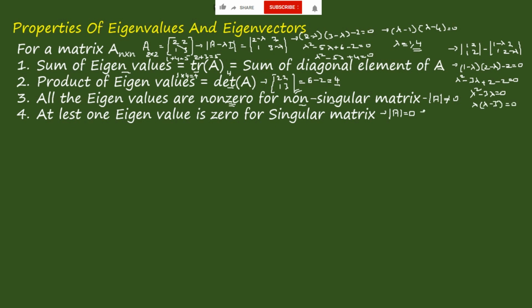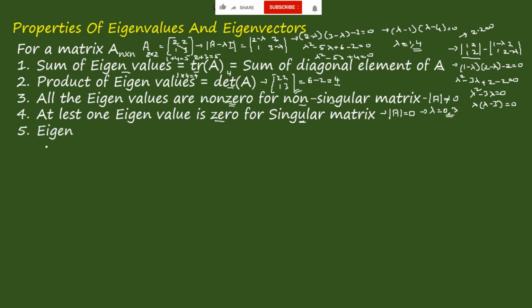In this particular case, we got the eigenvalues as 0 and 3. In the case of a singular matrix, the determinant of A should be equal to 0. If you find the determinant of this matrix, it becomes 2 minus 2, which is equal to 0. So it is a singular matrix. So one of the eigenvalues will be 0 in the case of a singular matrix.